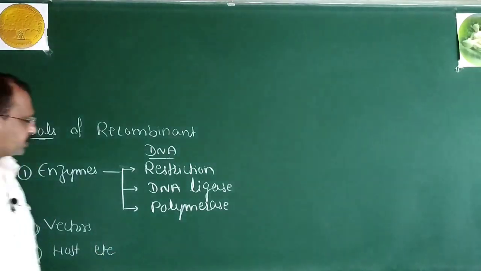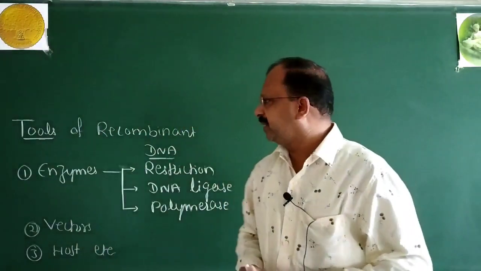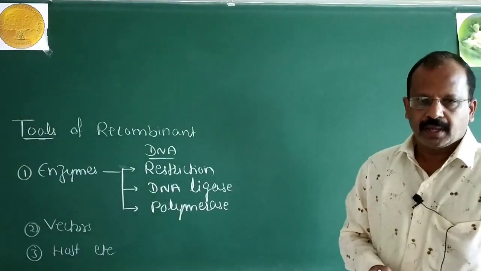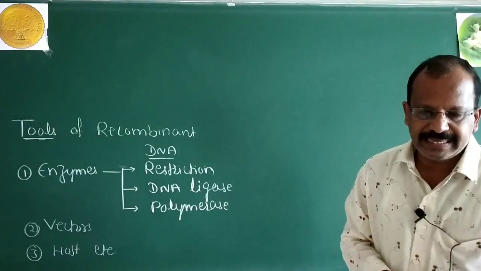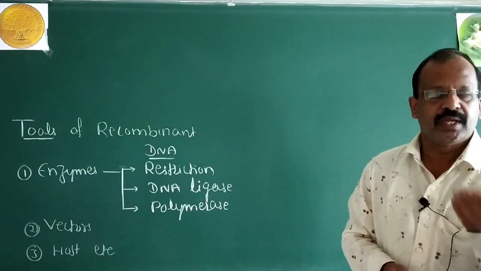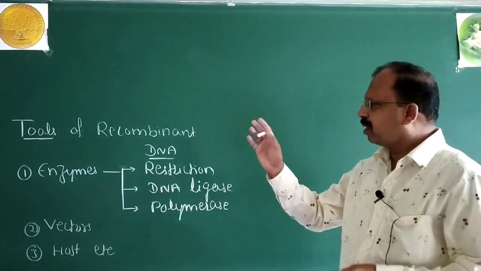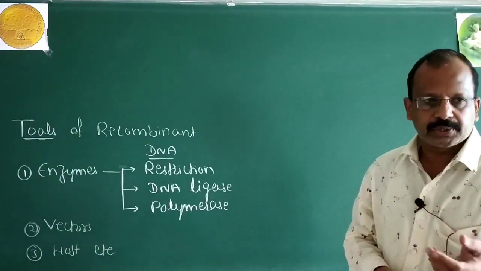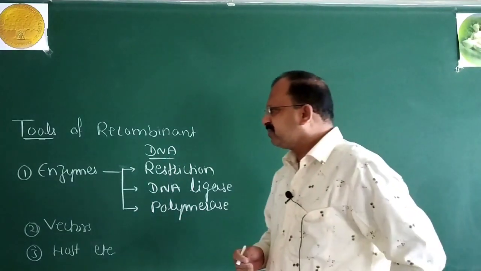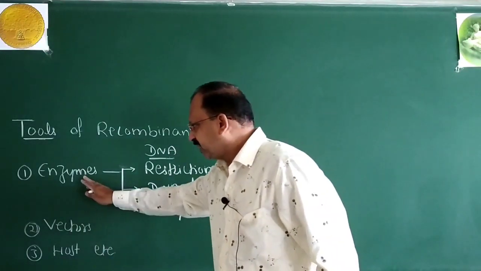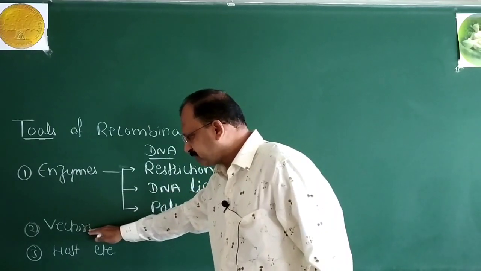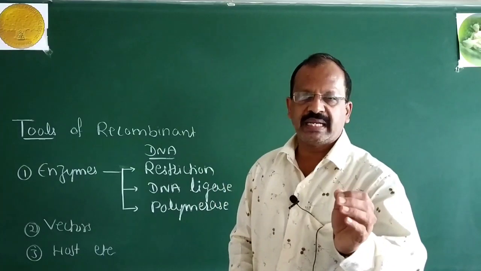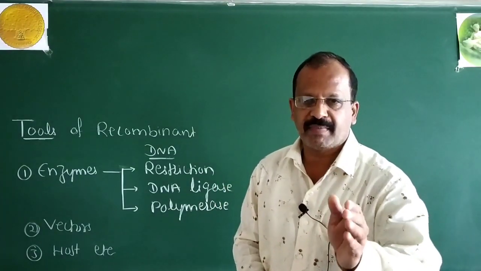Now look over, dear students, tools of recombinant DNA. Tools which are used in genetic engineering, or you can call it as recombinant DNA technology. Actually, many tools are there, but for your syllabus, they are quoted three: enzymes, vectors, host, and indirectly they are mentioned bioreactor, or you can call it as a fermenter.